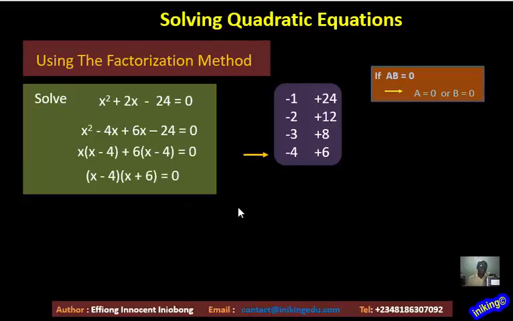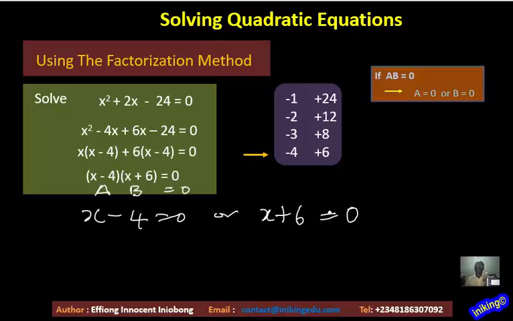So now we have two numbers, a and b, multiplying to give us 0. It implies that one of them must be 0. So it's either x minus 4 is 0 or x plus 6 is 0.